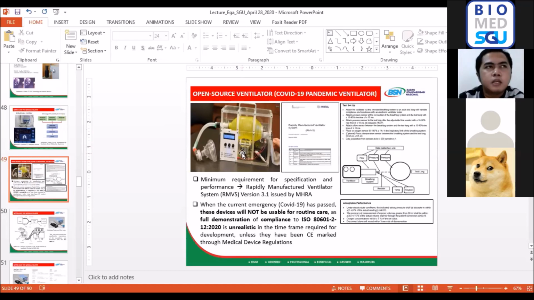Of course, your ventilator design should comply with the specification and performance requirement from BPFK at first.